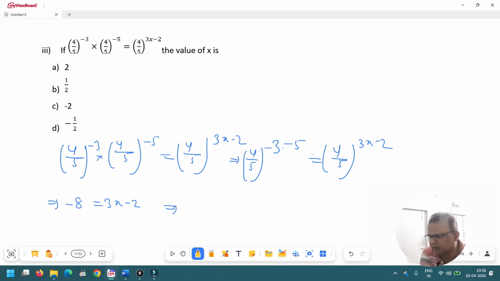That implies 3x is equal to minus 6. That implies x is equal to minus 2. And C is the answer.